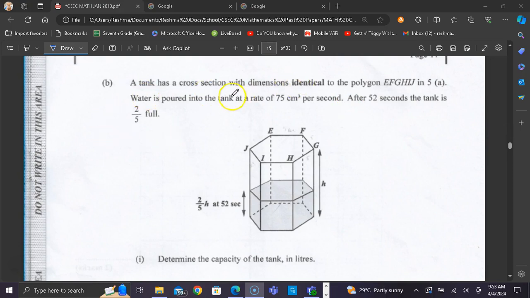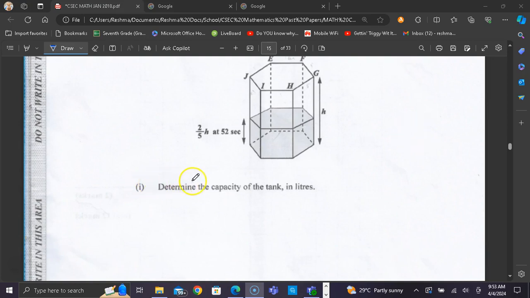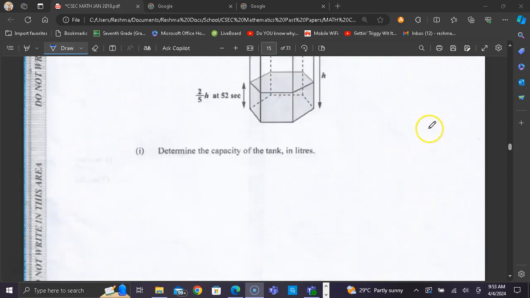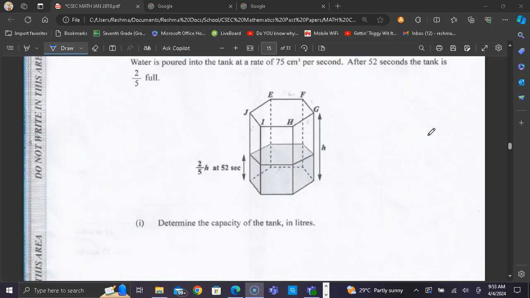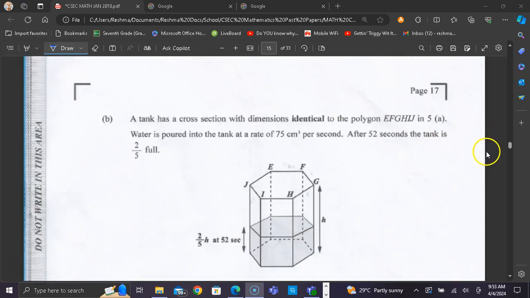Okay, so water is poured into the tank at a rate of 75 cubic centimeters per second. After 52 seconds, the tank is 2/5 full. So part 1, determine the capacity of the tank in liters, and that is 3 marks. So we don't need the area of the hexagon just yet in this question.